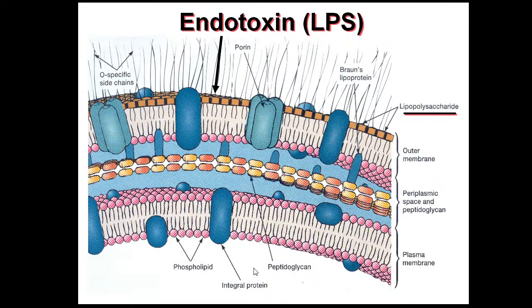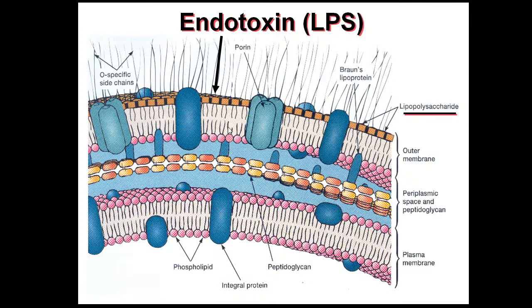Now you see endotoxin is the upper part of the cell wall of gram-negative bacteria, lipopolysaccharide. It consists of the somatic antigen, the polysaccharide backbone, and lipid A, which is the toxic component.